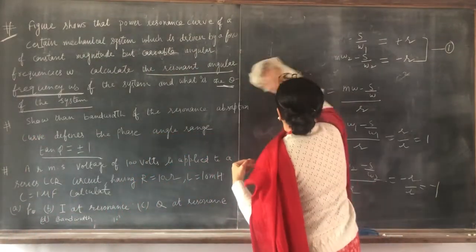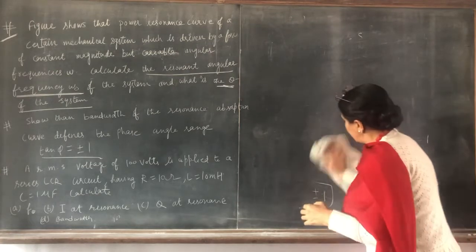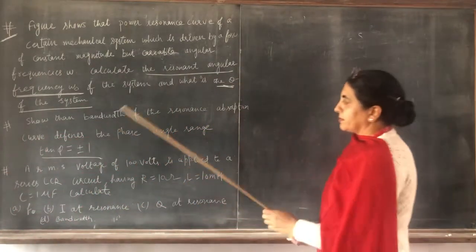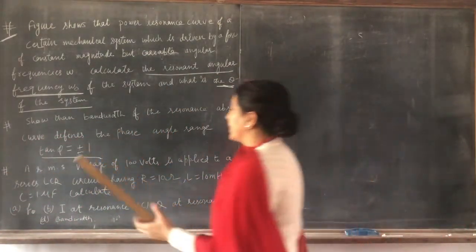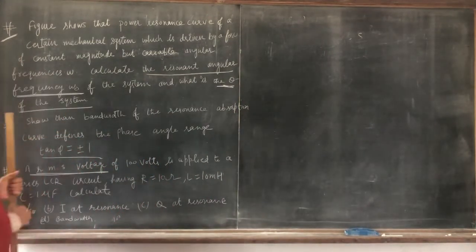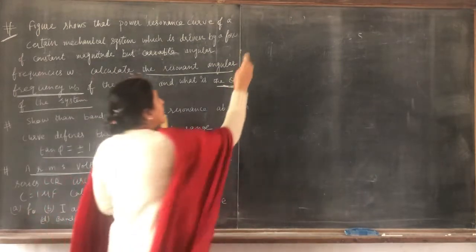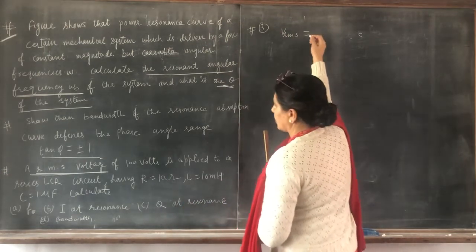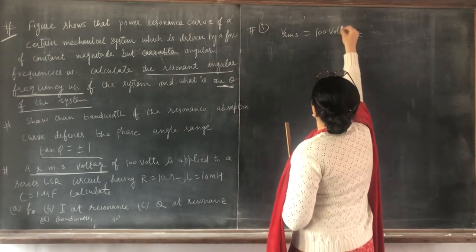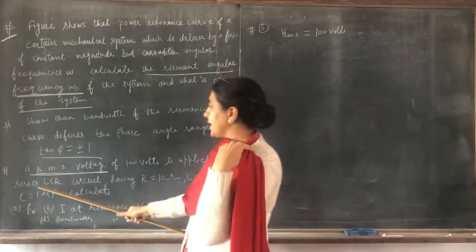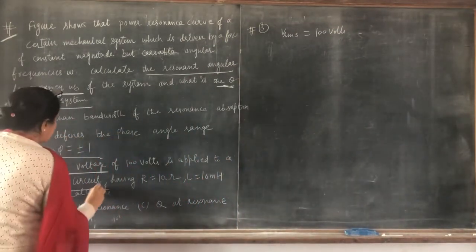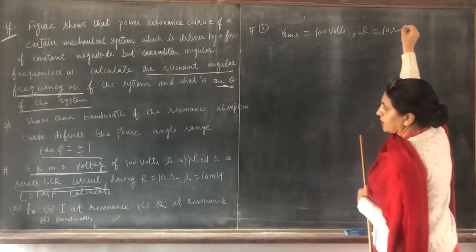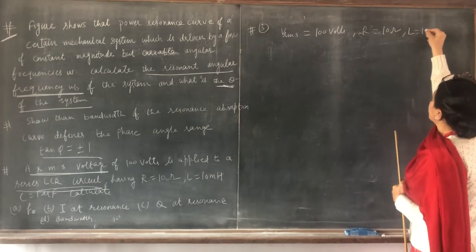Now we go forward towards the third numerical problem. An RMS voltage of 100 volts is applied to a series LCR circuit having R equal to 10 ohm, and L equal to 10 millihenry.